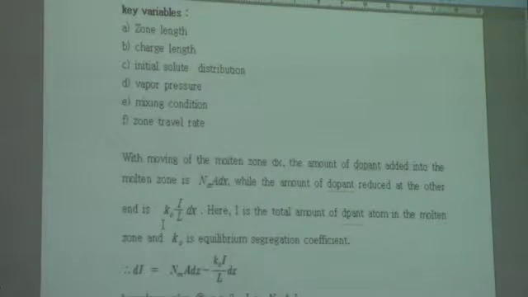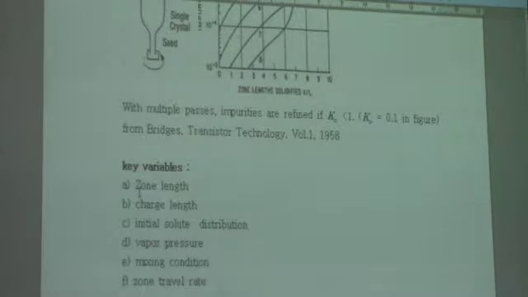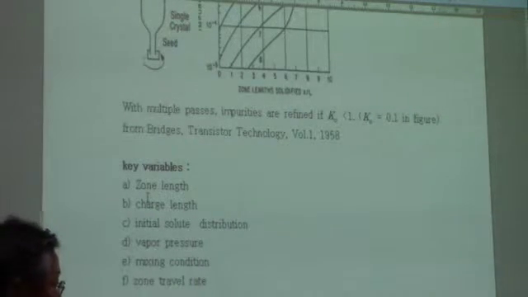Among these, we are mainly concerned about the solute distribution, its relationship with the dopant distribution in the single crystals of silicon, and we want to see how sensitive the dopant distribution is with respect to the segregation coefficient K naught in the float zone technique.